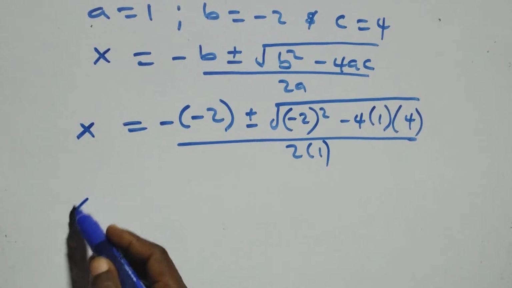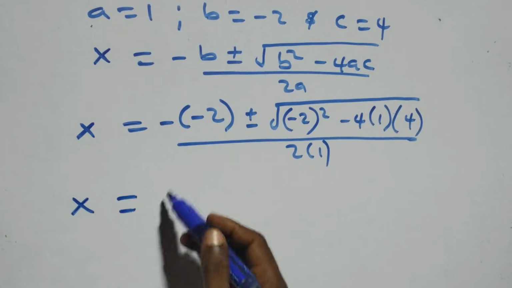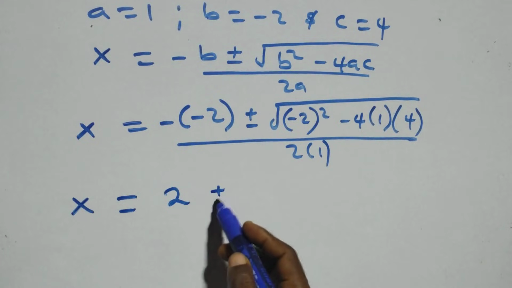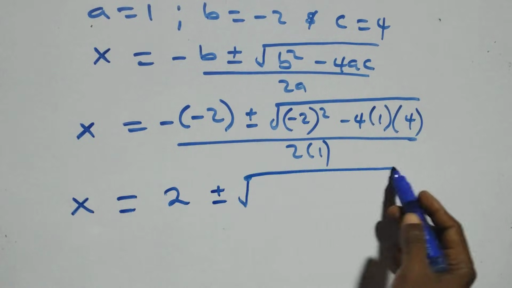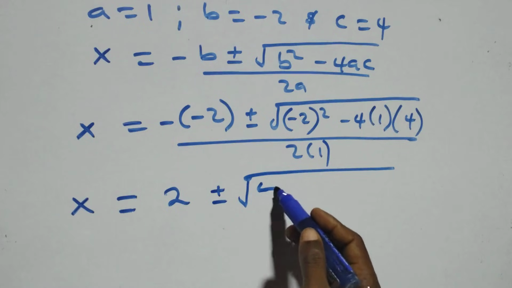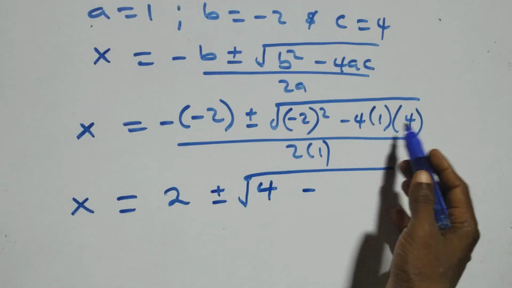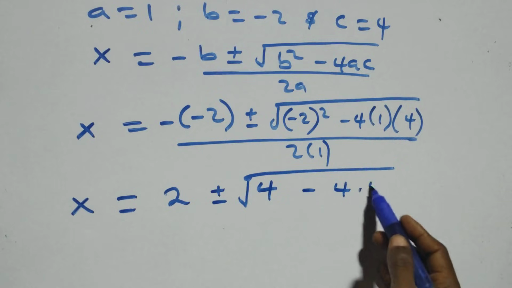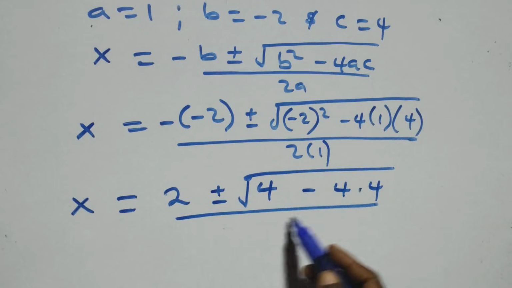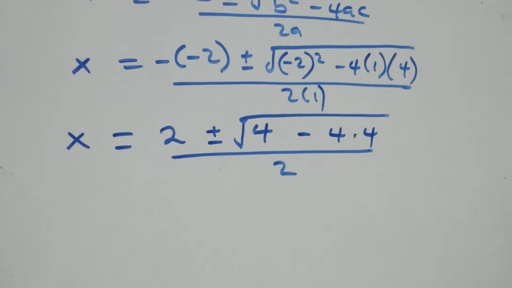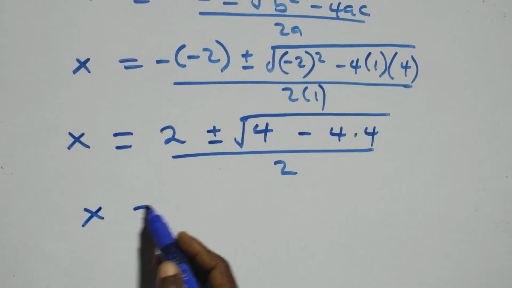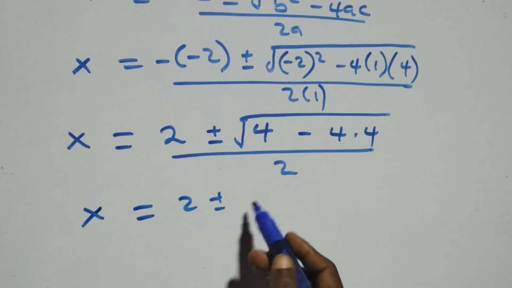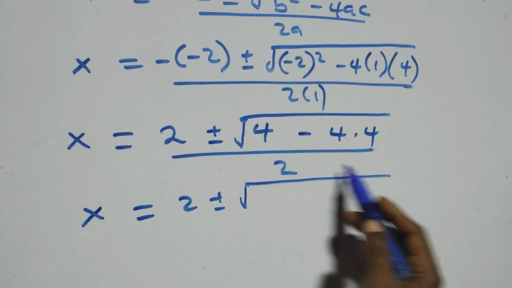This here we have x equals minus times minus, that's plus. We have 2 plus or minus square root of minus 2 squared, that's 4. Then minus 4 times 1 times 4, can write it as 4 times 4. Then all over 2 here. And here we have x equals 2 plus or minus square root of, 4 is common here.